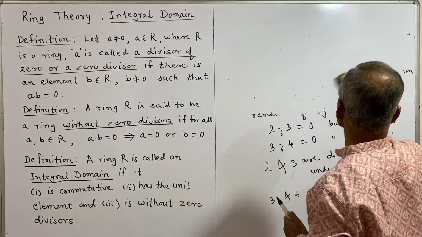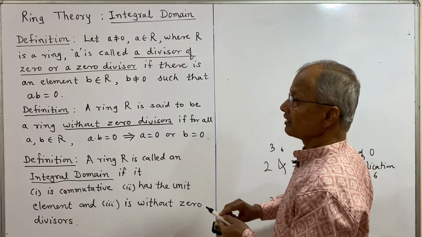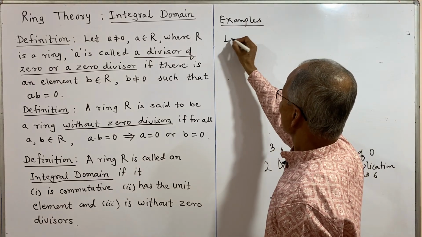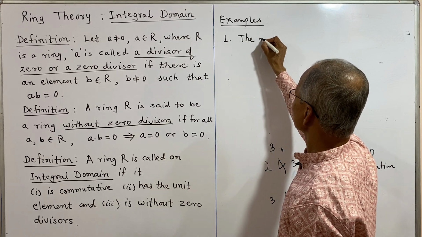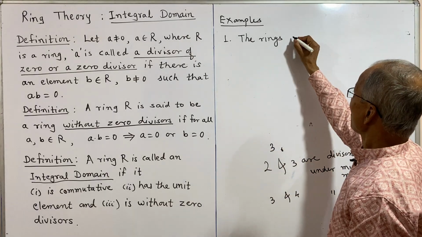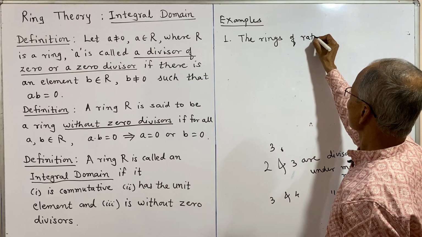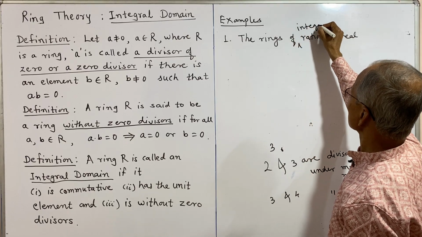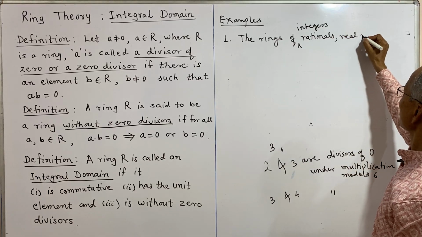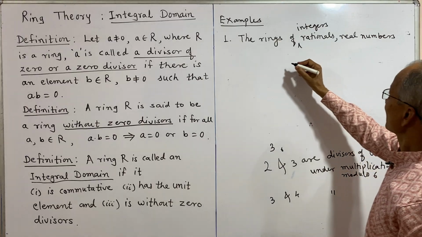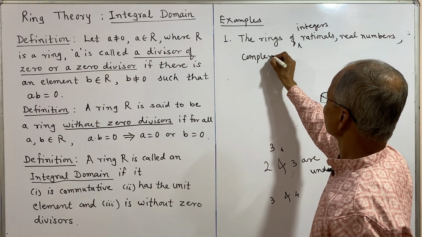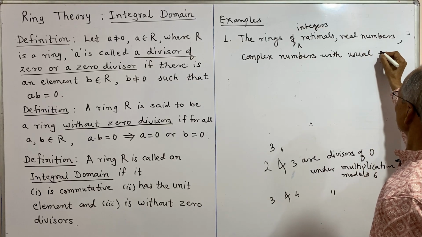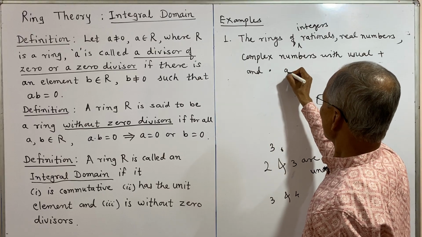Simple examples of integral domains are, first, the rings of integers, rational numbers, real numbers, and complex numbers, with usual addition and multiplication. These are integral domains.